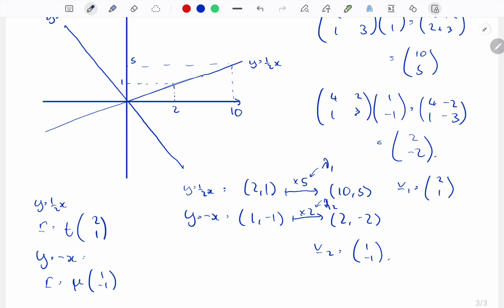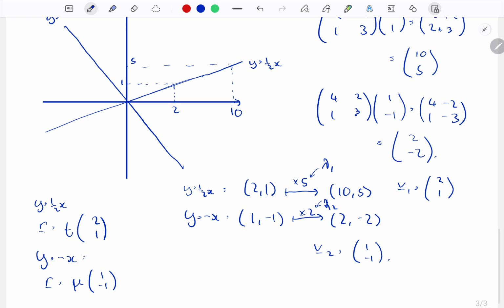If we have the matrix M applied to a point on the line y equals 1/2 x, or r is equal to t lots of (2, 1), then it gets mapped to a different point on the same line, and the scale factor in which the coordinates have moved is the eigenvalue.